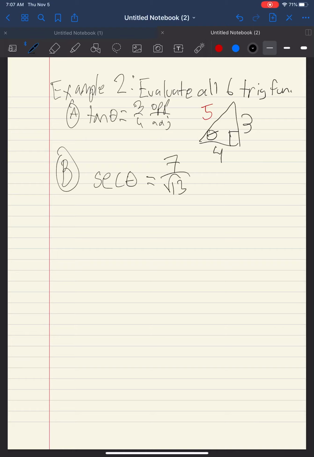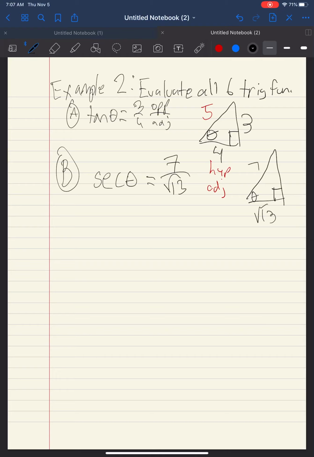All right. Now that you've done this one on your own, let's see how you did. So we know that secant is hypotenuse over adjacent. So if we're drawing the triangle, theta's right here. We know our adjacent is square root of 13.